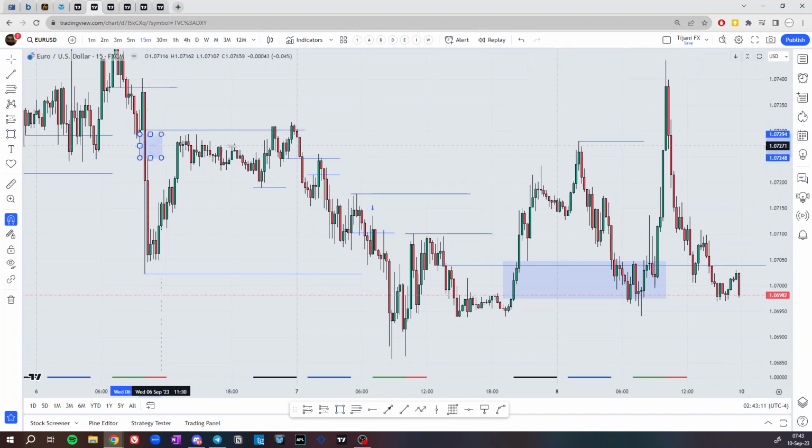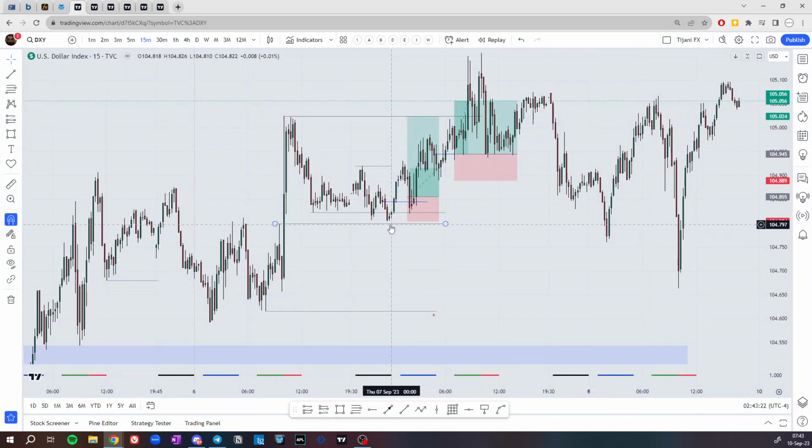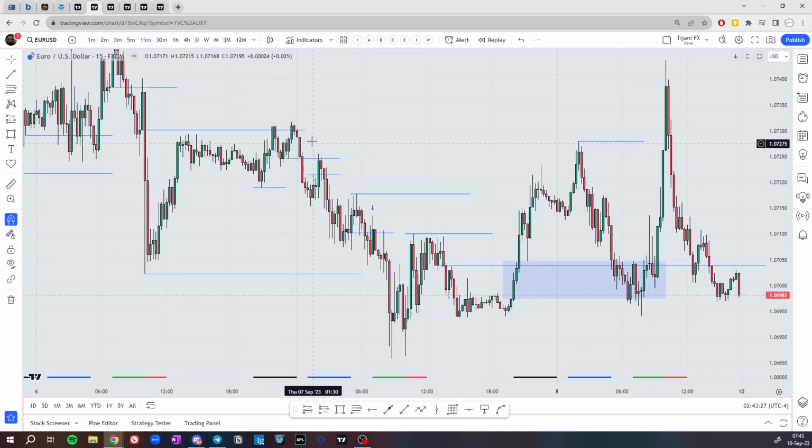You see, right? Price has taken, like I said, the buy side liquidity above this high and this high. I believe that we had an SMT or not, and we didn't have any SMT. Then price has dropped lower, breaking market structure, confirming the bearishness.